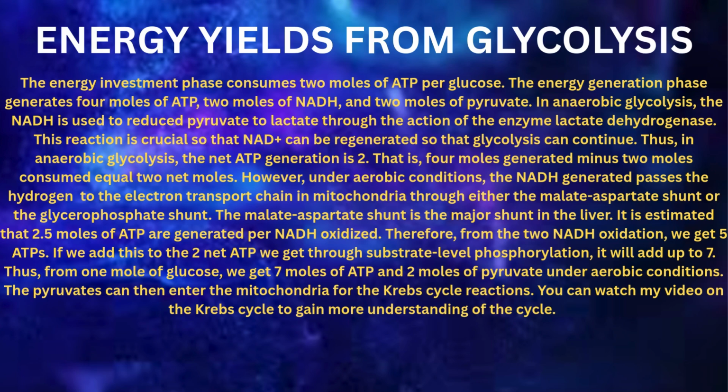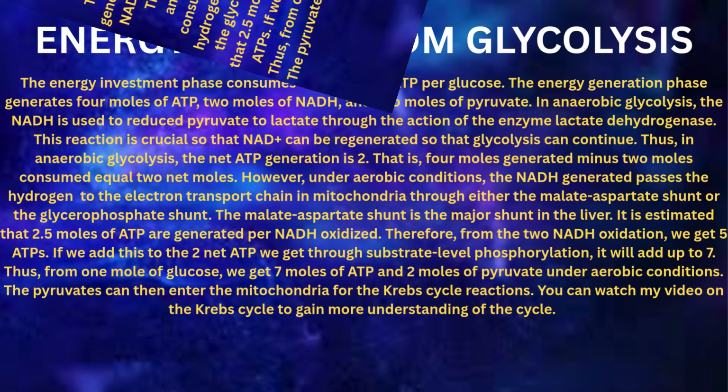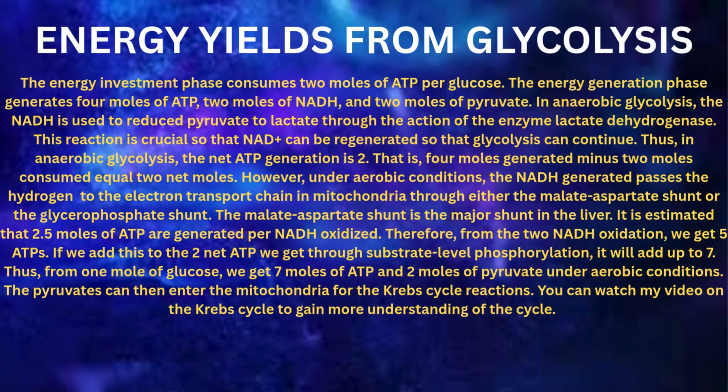However, under aerobic conditions, the NADH generated passes the hydrogen to the electron transport chain in mitochondria through either the malate aspartate shunt or the glycerophosphate shunt. The malate aspartate shunt is the major shunt in the liver. It is estimated that 2.5 moles of ATP are generated per NADH oxidized.